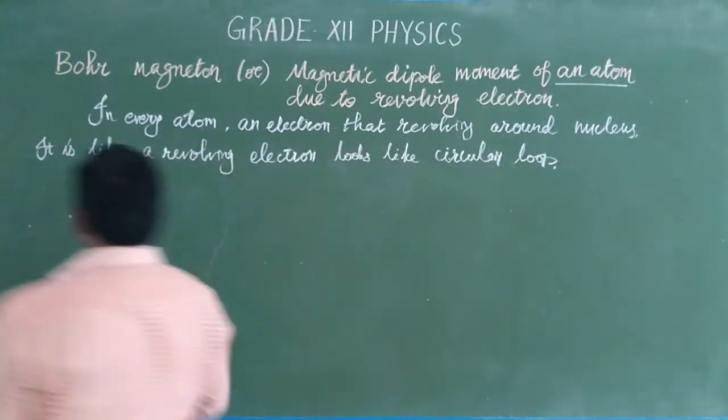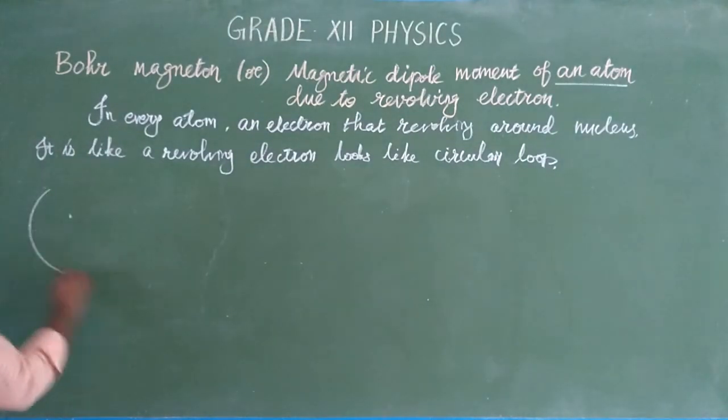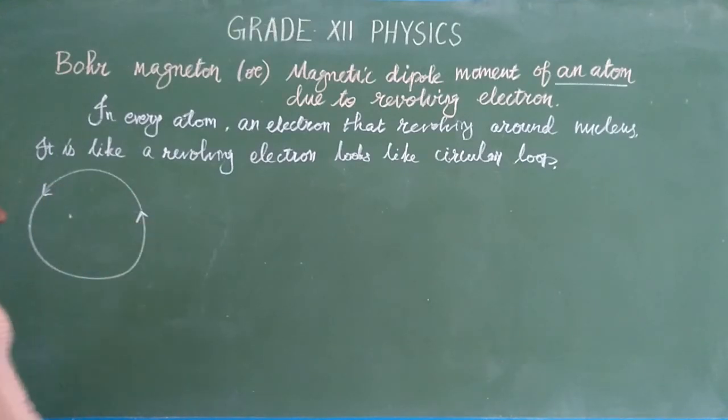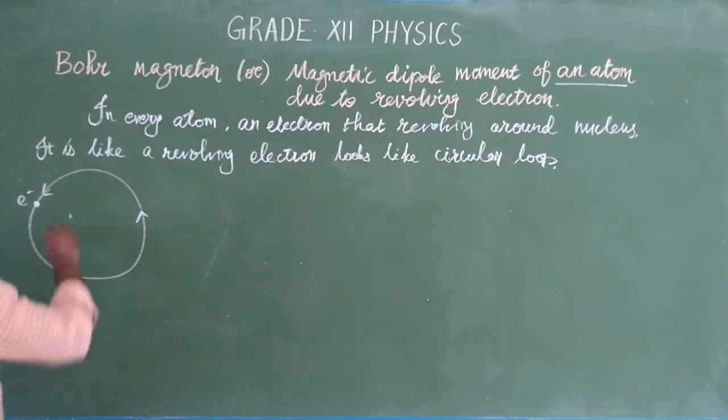Suppose an electron of mass m revolves around the nucleus in an anticlockwise direction.